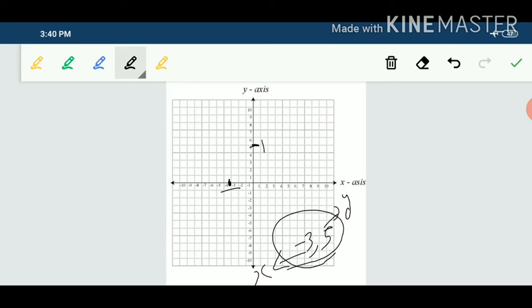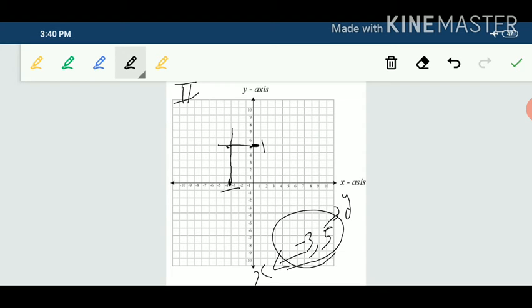Now x is negative and y is positive. In which quadrant is it lying? Yes, it is lying in the second quadrant. So from these two points, draw the perpendiculars in the second quadrant. First we draw the perpendicular from -3, then we draw the perpendicular from 5.